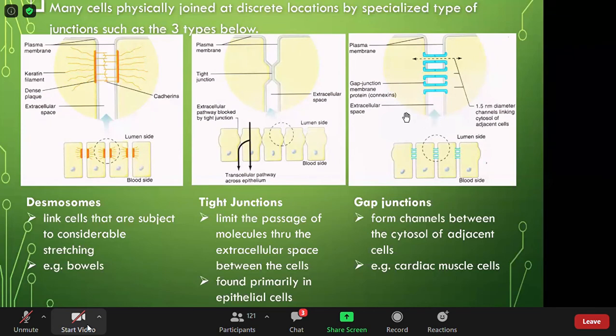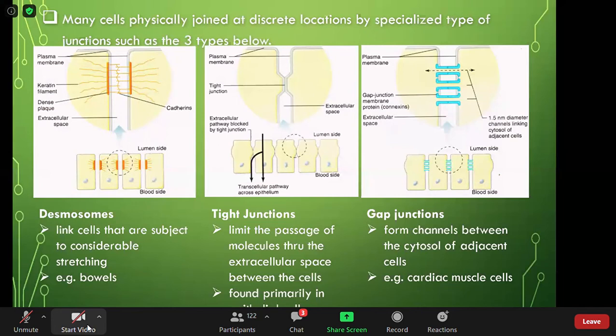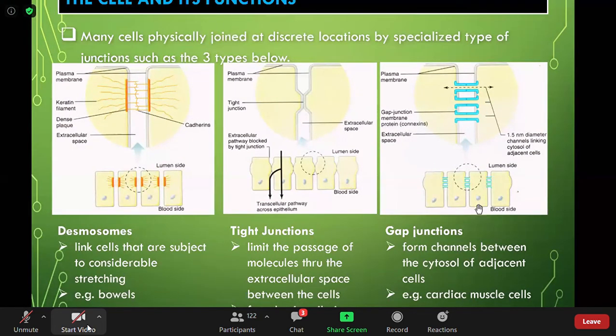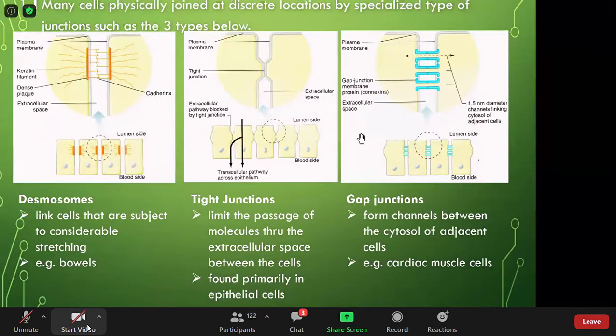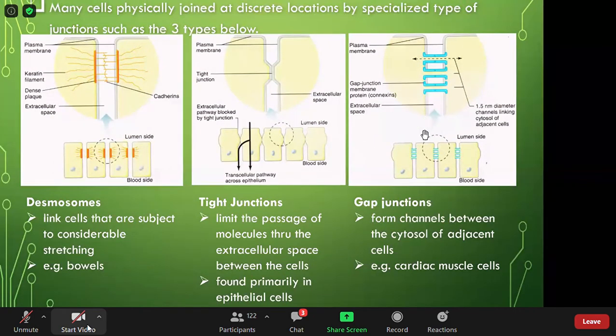That's why the action potential can easily pass through the muscles. That's why they can act as a syncytium, no? The cardiac muscles.